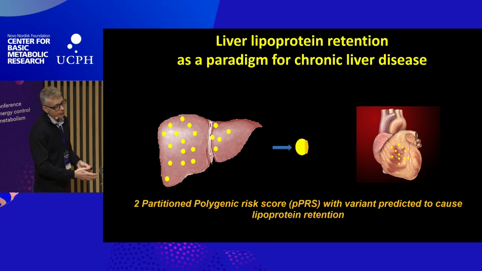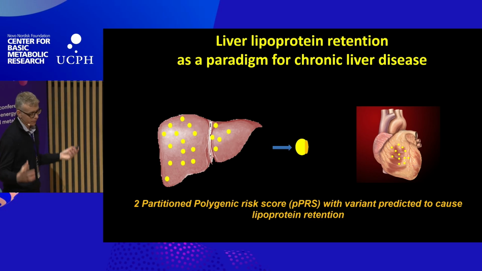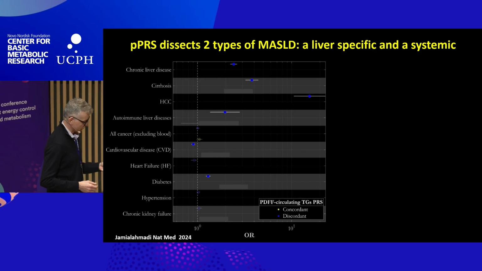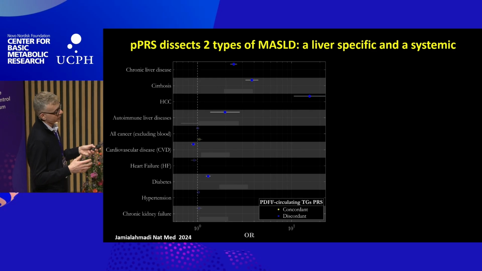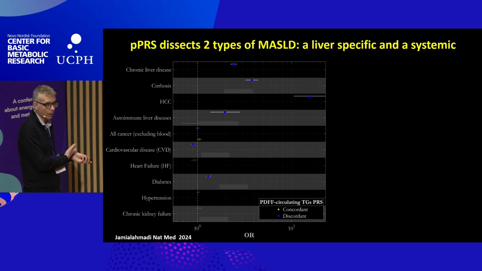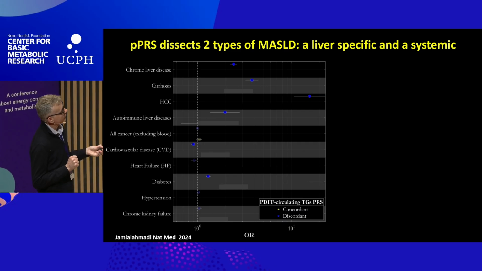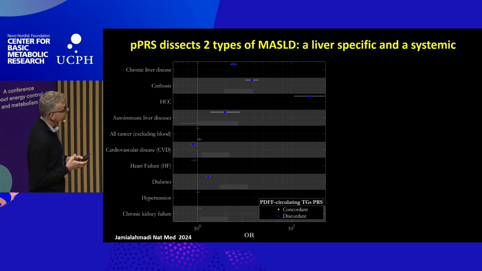And then we looked at the outcomes, so this conundrum of the systemic disease. We started with the lipoprotein retention score, which in fact was our positive control because we knew what would happen. What would happen is liver disease, we knew it already, protection against cardiovascular disease, and this is because, like I showed you, there are fewer lipoprotein particles, a little bit of risk of diabetes, and that's it.